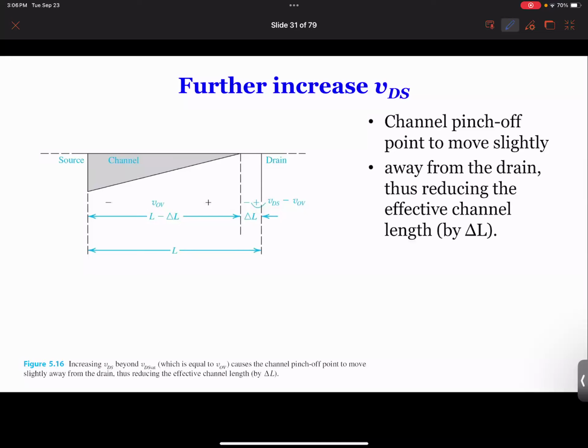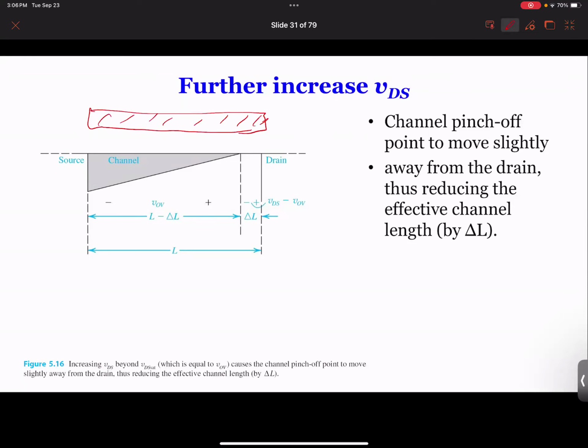Why does that happen? Because of a phenomenon called channel pinch-off. The channel pinch-off point moves away from the drain, reducing the effective channel length. If you look at what happens in that channel, remember initially you have this channel which is perfectly even, right?